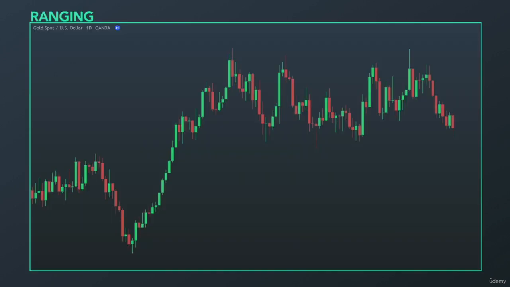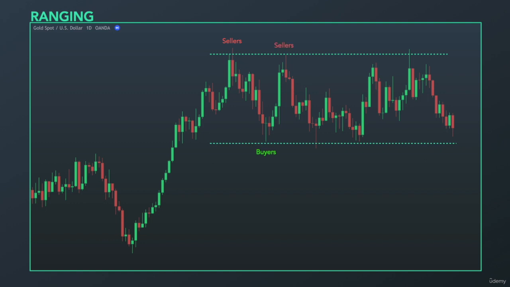So let's have an example. So gold daily time frame. So as you can see, price is coming from an uptrend, right? From an upside move, and then suddenly price entered into a ranging or sideways market. So whenever price reaches this high price, sellers are coming in, and then once price reaches this low price, buyers are coming in.